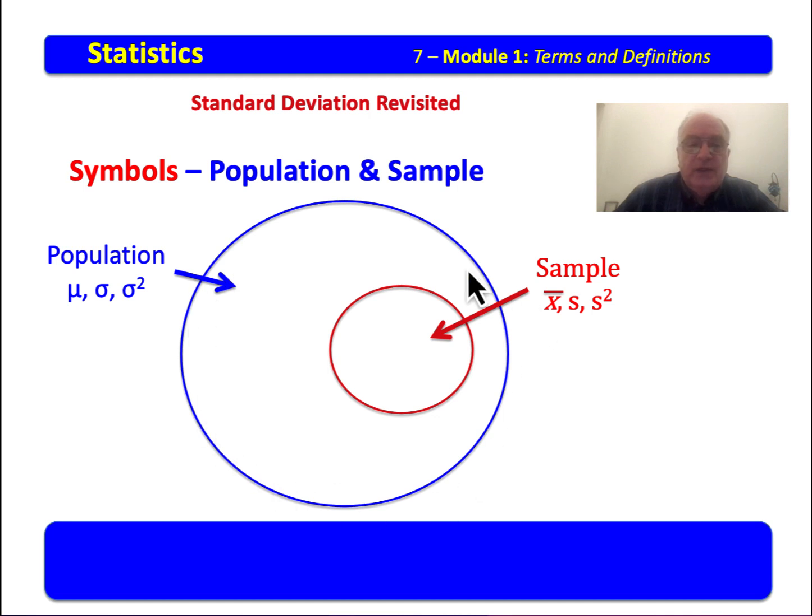Many times we have a population that is so large we don't know about it. So what we do is we take a sample, and based on the sample, we describe the sample, and then once we describe the sample, we can use those descriptive statistics to infer about the population. So here you see descriptive statistics and inferential statistics. You're going to get into this.